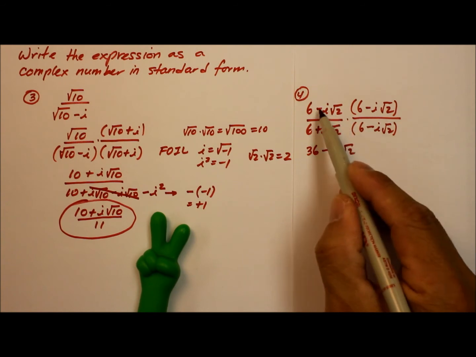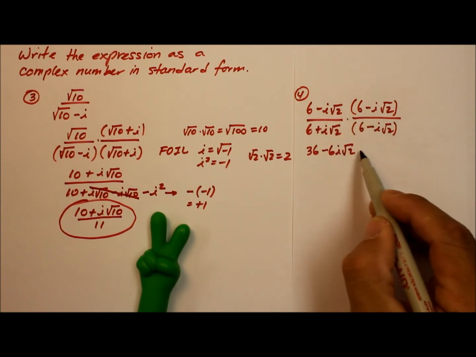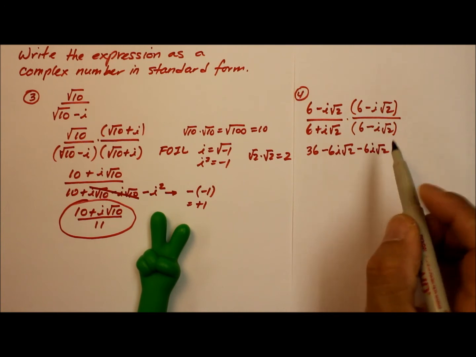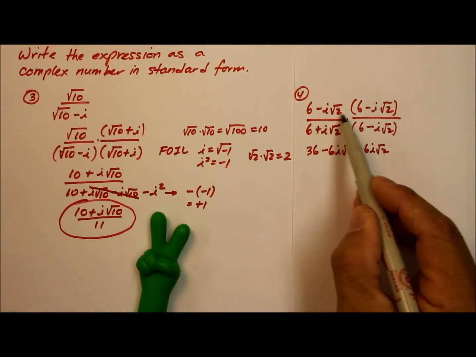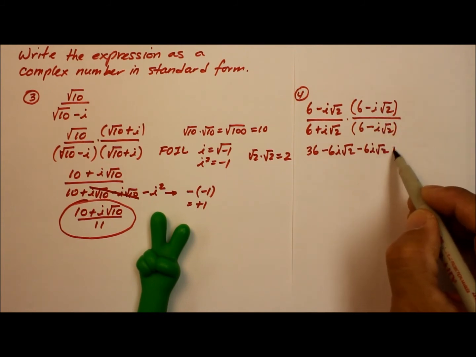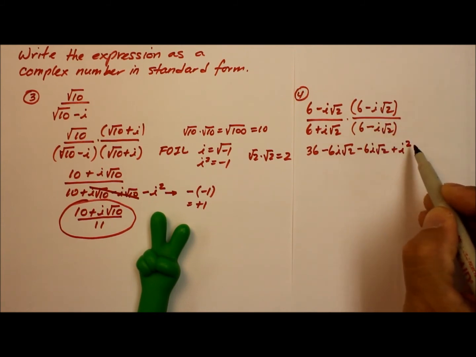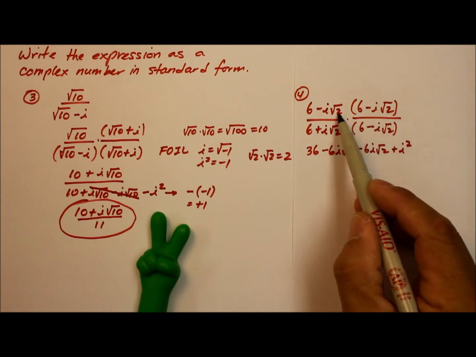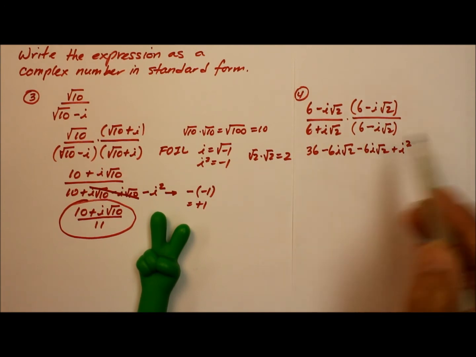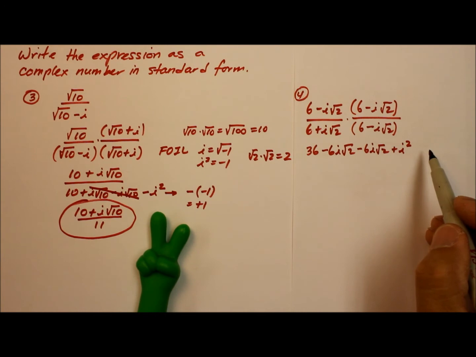Now the inside terms, negative i square root of 2 times 6 is also negative 6i square root of 2. And negative i square root of 2 times negative i square root of 2, the last of the terms, becomes positive i squared. And remember, square root of 2 times square root of 2, the radicand comes out when you square a square root. That was a tongue twister. So that becomes actually just 2.